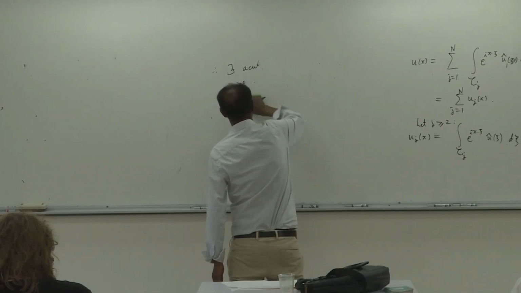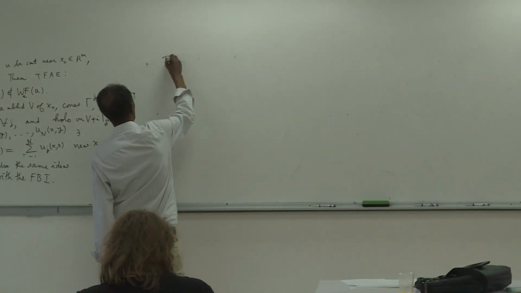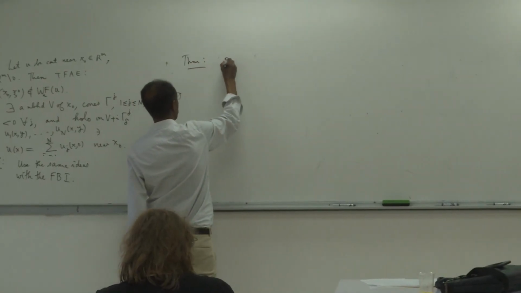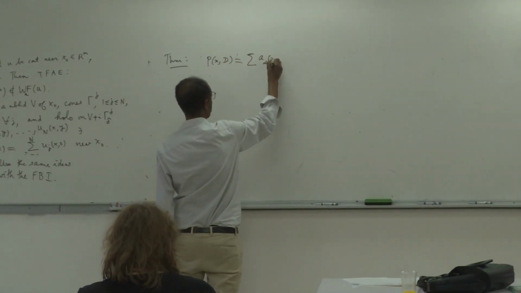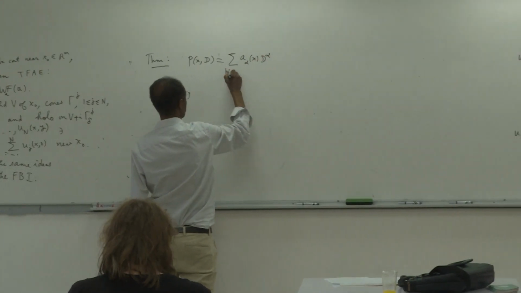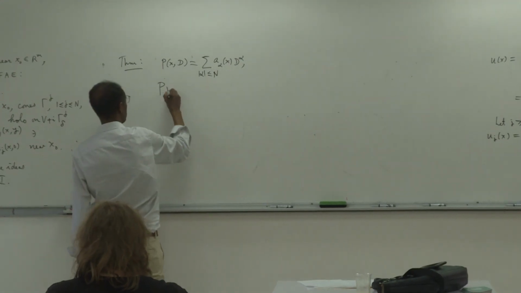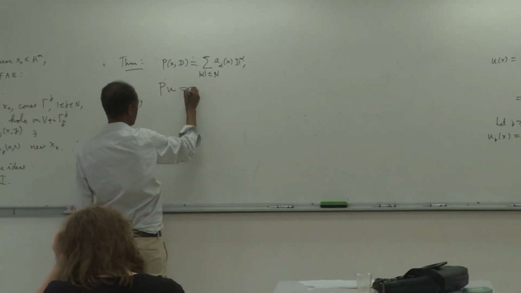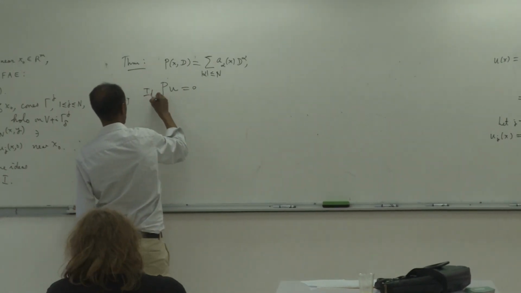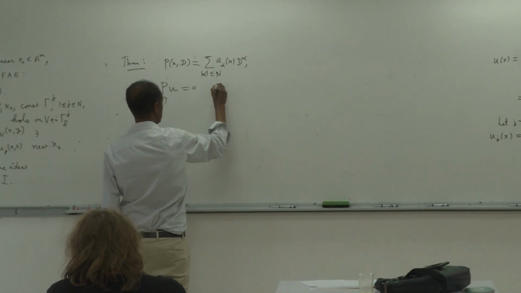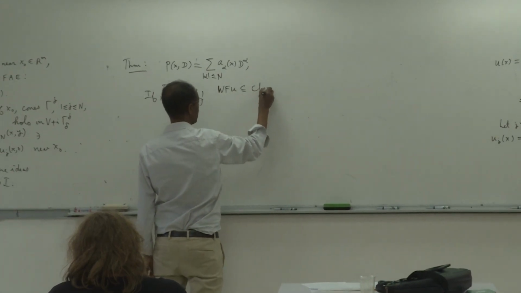So remember yesterday I mentioned the following theorem. Namely, if you take a differential operator of any order, and if Pu is 0 or a smooth function, but let's say Pu equal to 0, then the wavefront set of U is contained in the characteristic set of P, right?